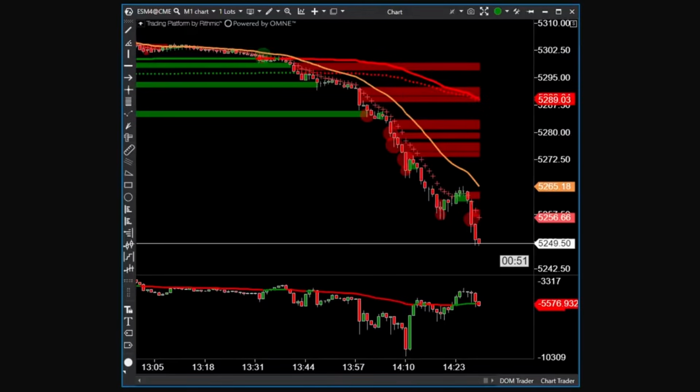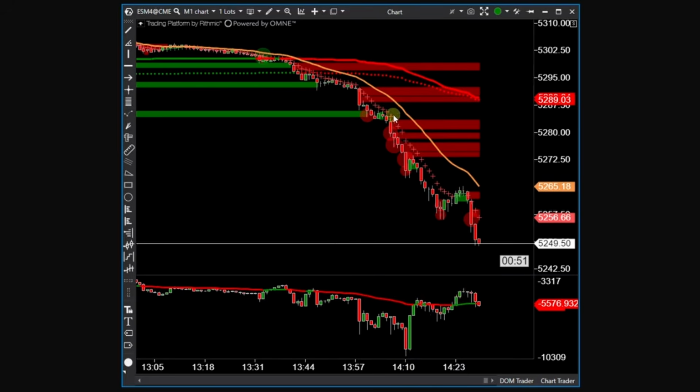Another example of how we can look at divergence or absorption is when we see delta going in one direction and price going in another direction, also known as divergence, like I just said. So when, in this example, price is going down, but delta is going up. You see from this point on, delta is putting in higher lows and higher highs.